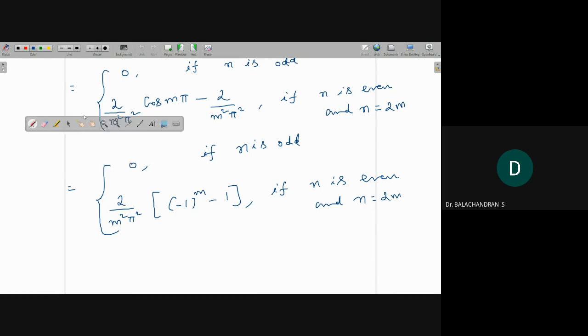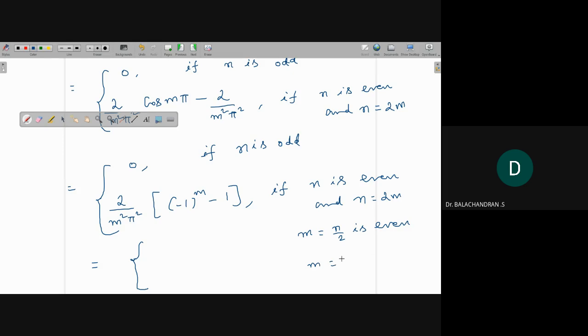So now m is even. M is even means, because n equal to 2m, m equal to n by 2. N by 2 is even. The next case, m equal to n by 2 is odd. So when m is even, this is plus 1, 0.